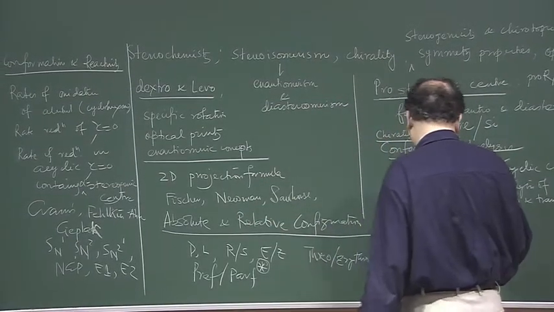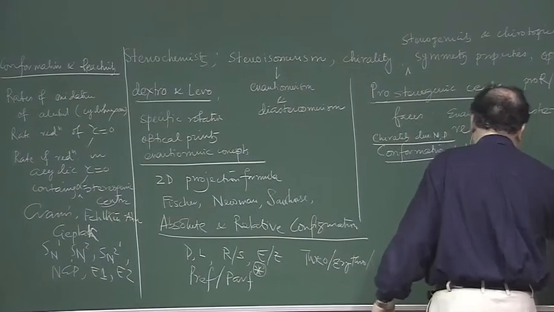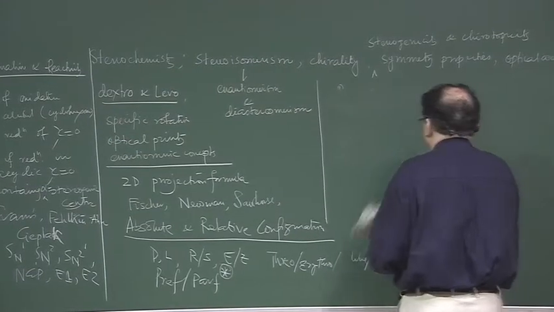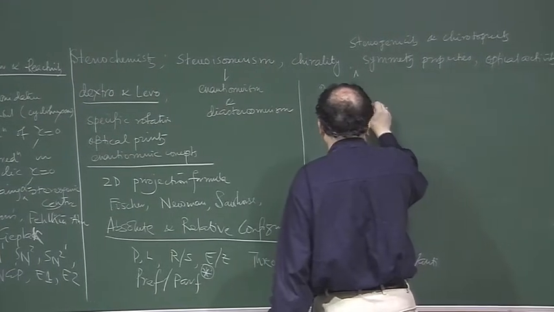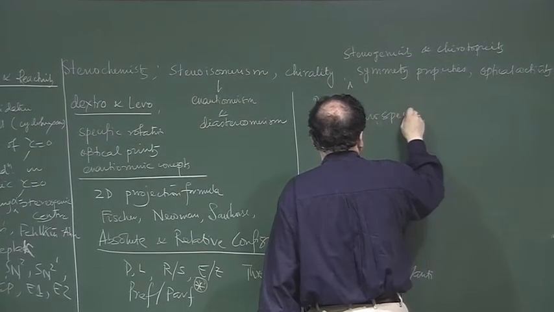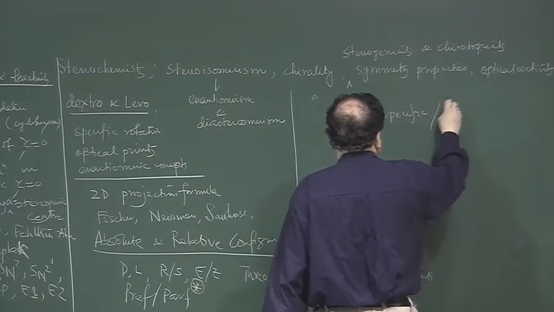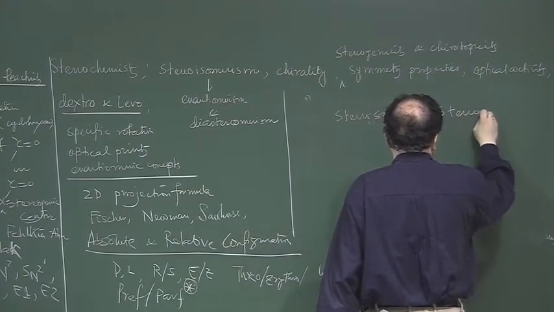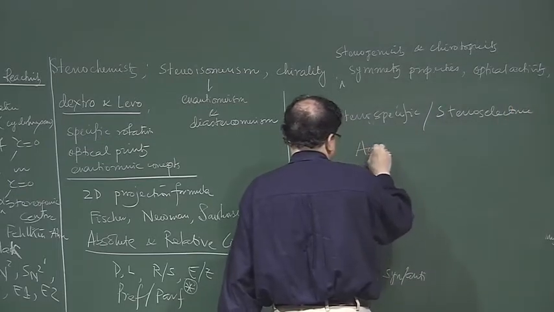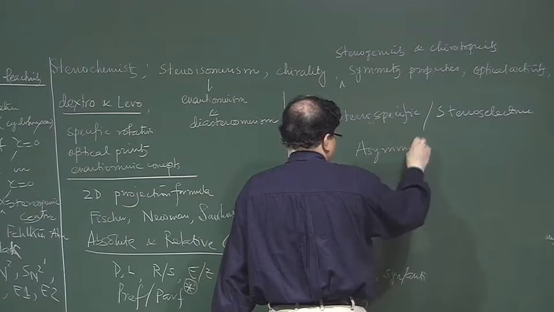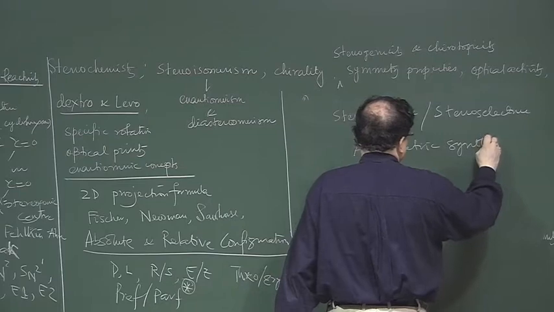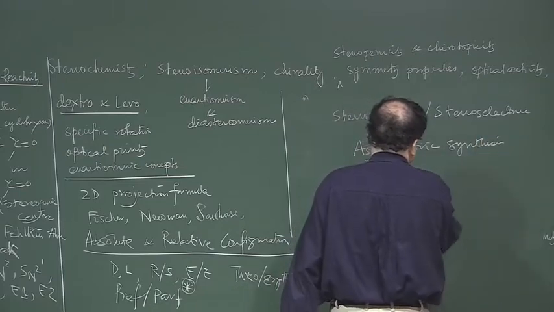And then finally, we came to what are called asymmetric synthesis, stereospecific synthesis. So, first we did stereospecific synthesis, stereoselective, and finally asymmetric synthesis. There is not much difference, I told you, between stereoselective and asymmetric synthesis.